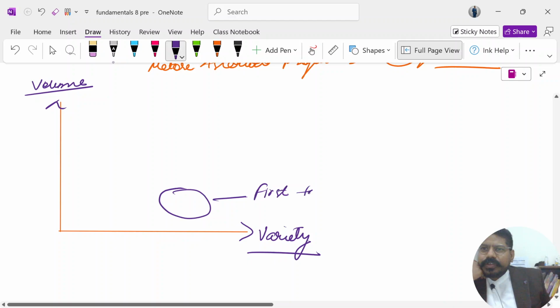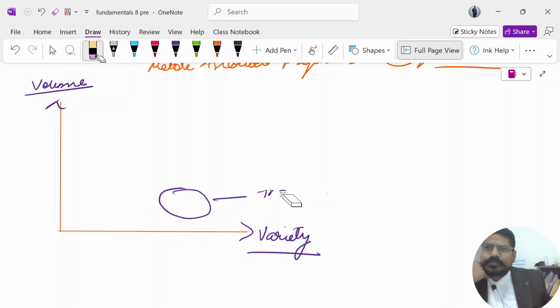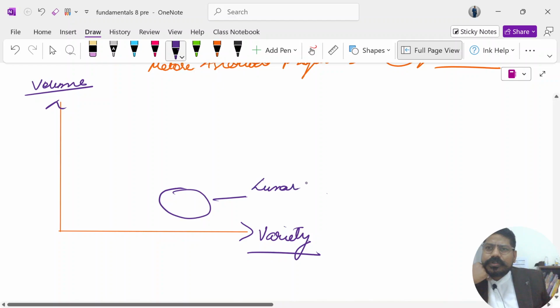Any examples of first timer project that comes to you that reflects in your thoughts? Any example of first timer kind of projects? So the best example of first timer project is the lunar moon landing project by ISRO.